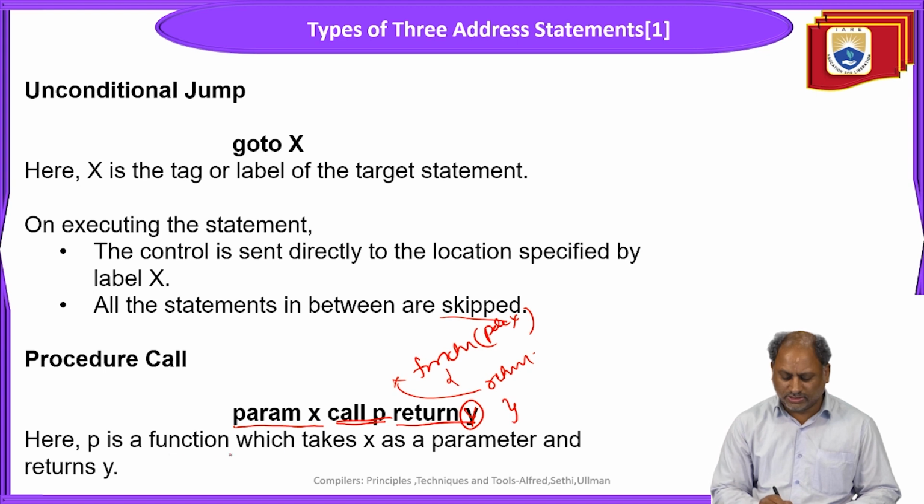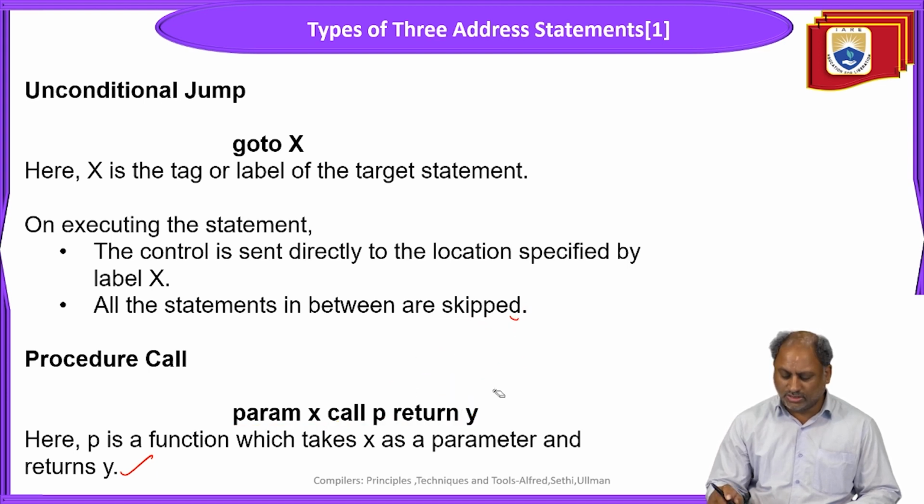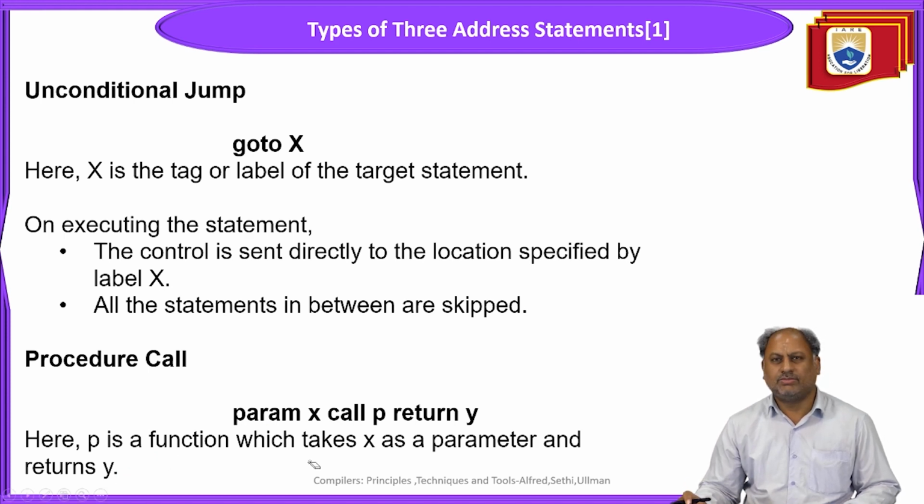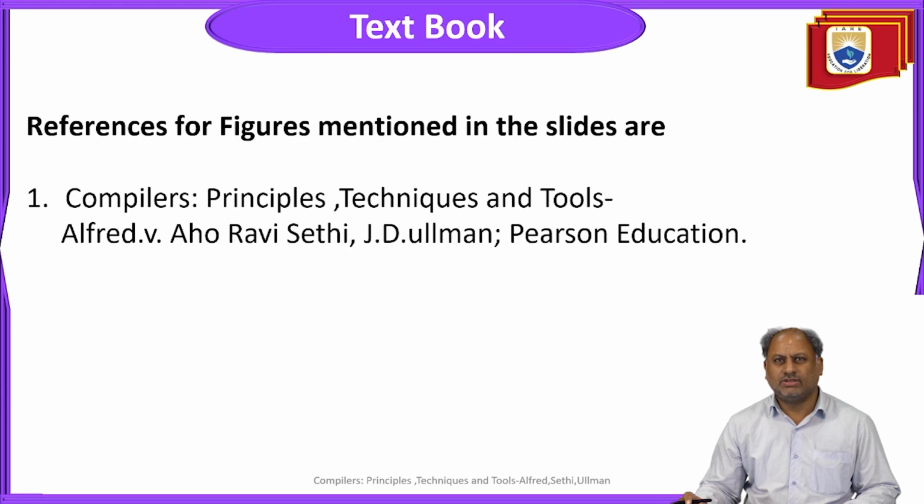So p is a function, x is a parameter, and the returned value is y. This is the syntax for a procedure call in some programming languages like Pascal and others, where we can invoke a function with a return value by accepting the arguments like this.